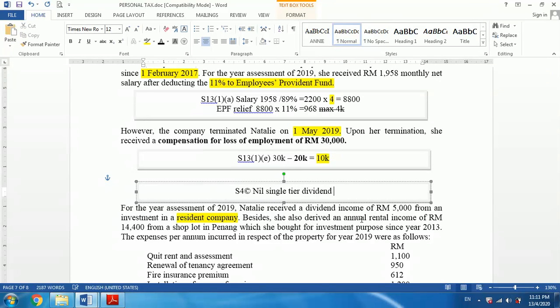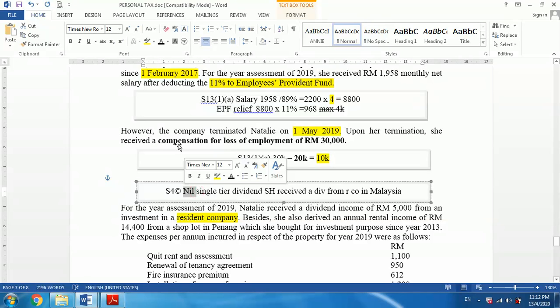Single tier dividend is as long as the shareholder receives a dividend from any resident company in Malaysia, then this will be a single tier dividend. Single tier dividend will be exempted. So that's why section 4C for Natalie will be nil.